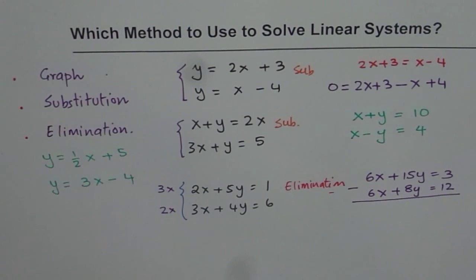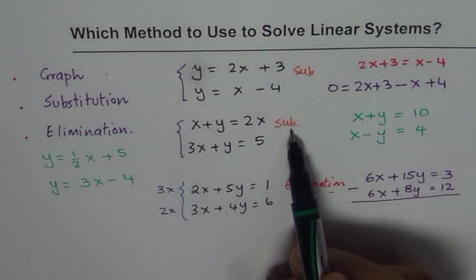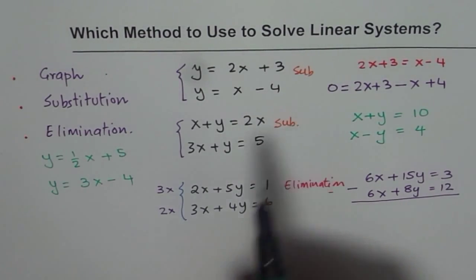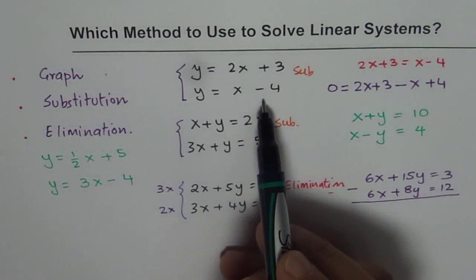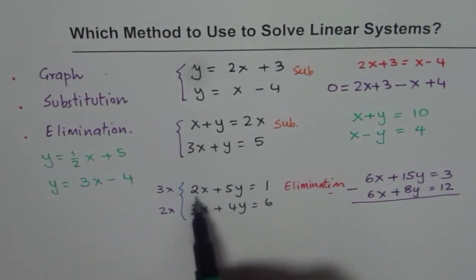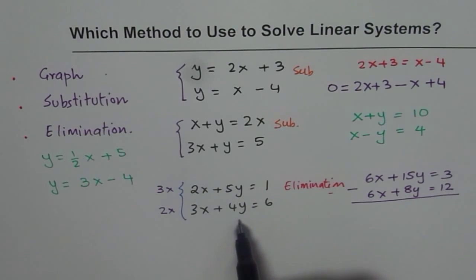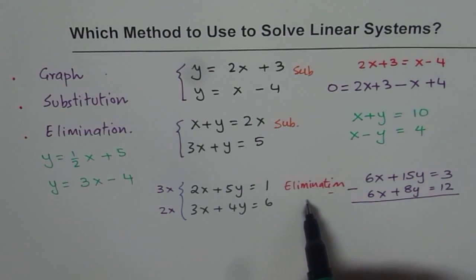So in a way, remember that you should apply the method of substitution when it is easy to isolate a variable, correct? And that too without fractions. If the numbers or the coefficients are not matching at all, we have no option other than to follow the method of elimination.